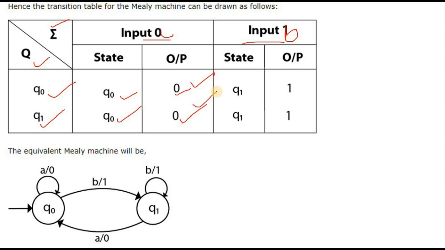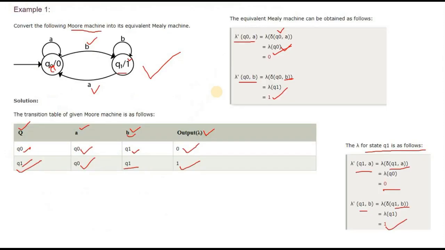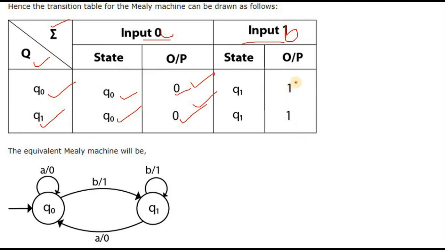And coming to B, this is the B input, and for Q1 and Q1 for B input, both are ones in case of Q0, and in case of Q1 for the input B, output is 1. So that's why I have mentioned this is 1 1.